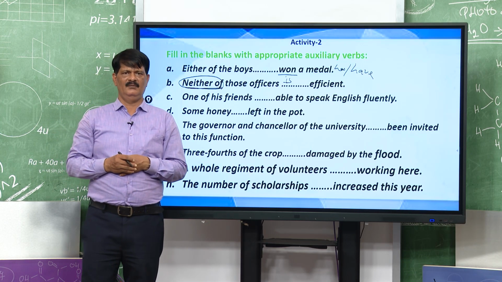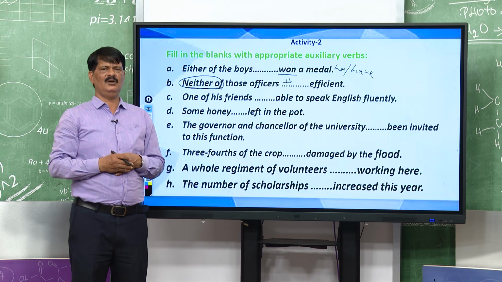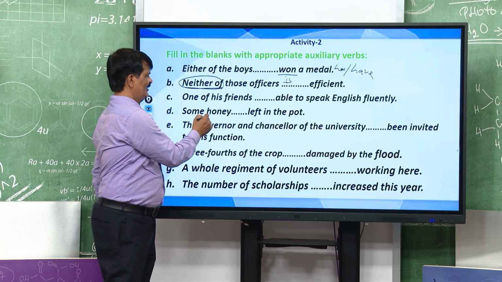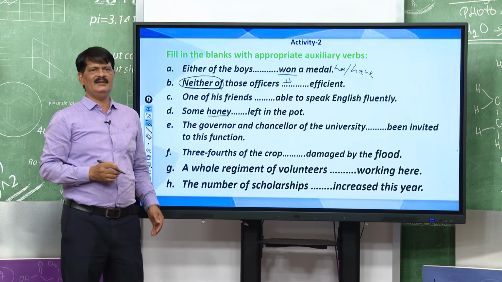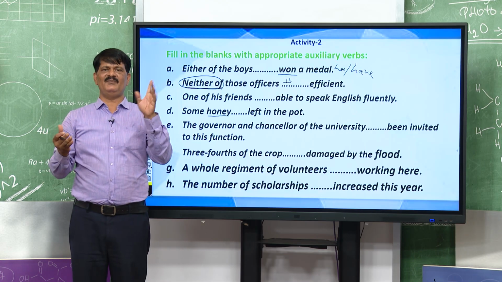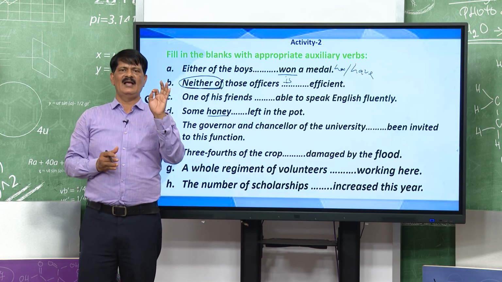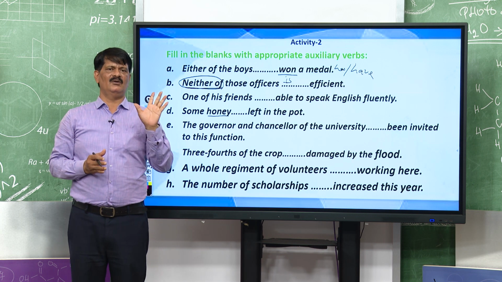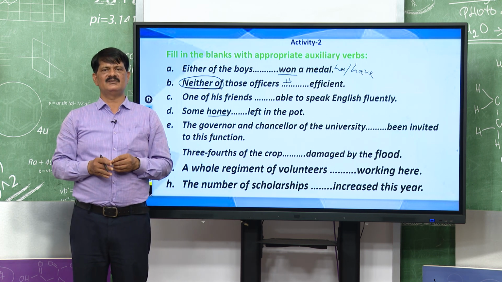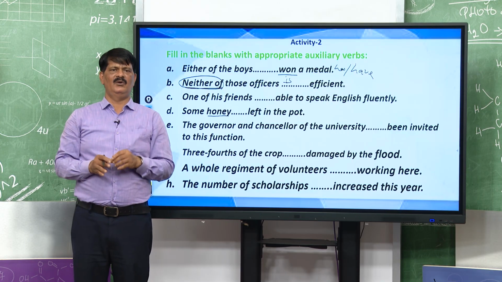Some honey is left in the pot. Honey is very easy. Honey is singular. Easily you can do it. What is that? Is there. The governor and the chancellor, the same person, of the university has been invited, not others. Okay. 3/4 of the crop has been damaged by the flood.